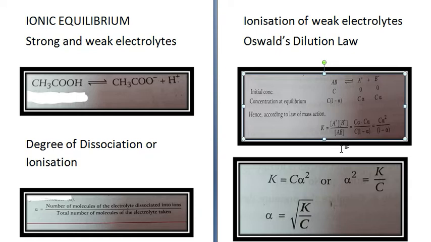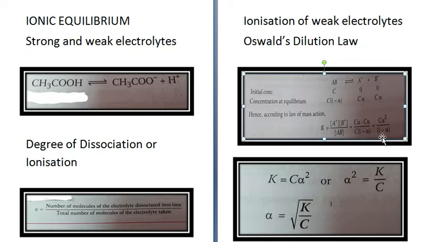That is C alpha into C alpha divided by C into 1 minus alpha. So this becomes C alpha square divided by 1 minus alpha, as one C gets cancelled.